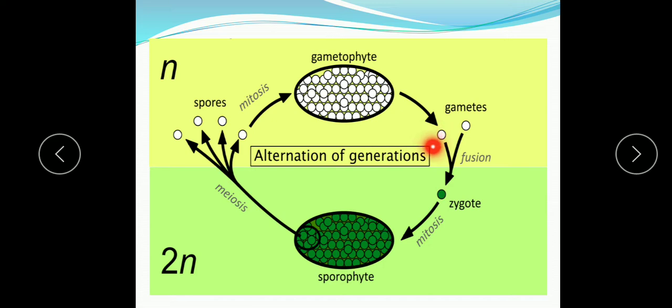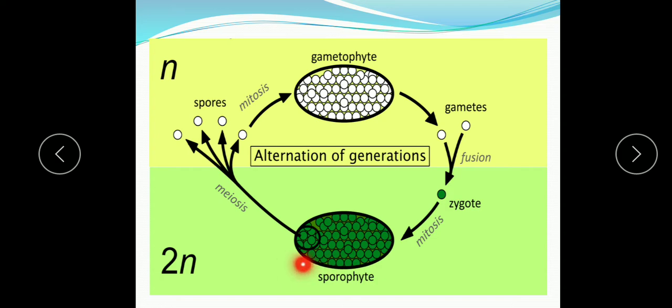Further, the gametes which are produced, being haploid, fuse to form the zygote, and the zygote develops into the sporophyte. The sporophyte produces spores by meiosis, and these spores germinate and form the gametophyte. So gametophyte is the haploid stage and sporophyte is the diploid stage. Understood? In bryophytes, the haploid gametophytic generation is dominant. It produces gametes which fuse to form the diploid sporophyte.